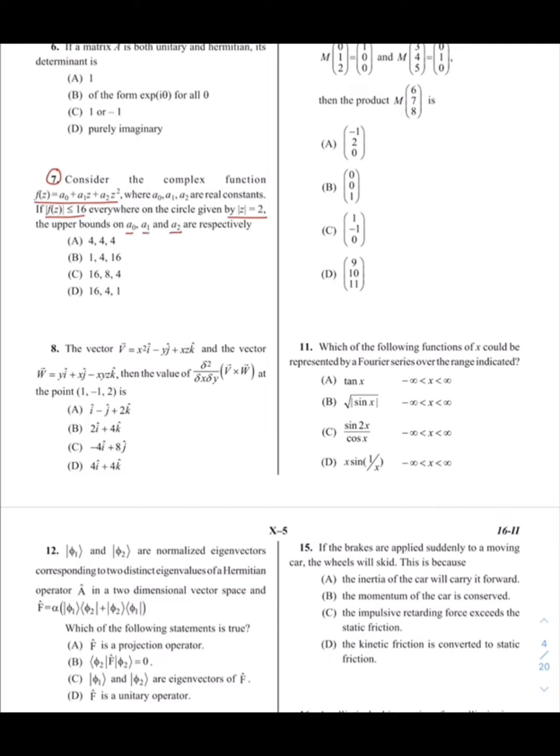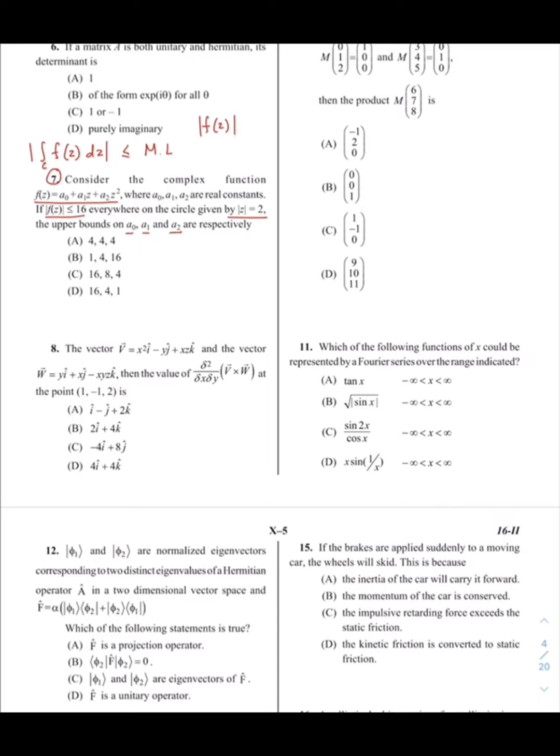We will use the Darboux inequality, which says that the contour integral of f(z) along a contour C has upper bound M times L, where M is the upper bound of f(z).